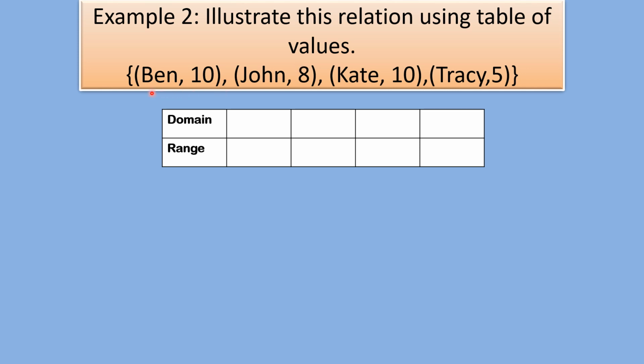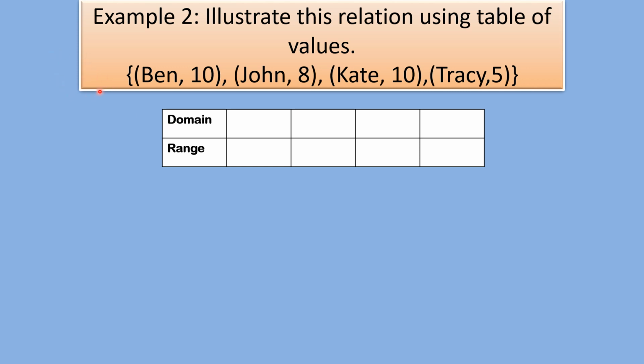Supposedly, the elements compose of names and their corresponding ages, okay? Now, for example, si Ben, 10 years old. Si John, 8 years old. Si Kate, 10 years old daw. And Tracy, sabihin natin that she's 5 years old. Okay? Siyempre dito sa domain natin, we will be writing, of course, si Ben.